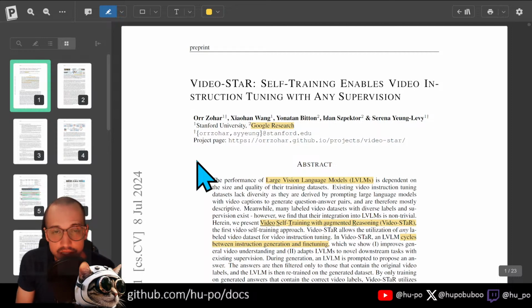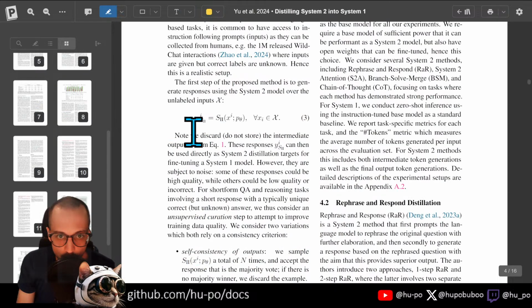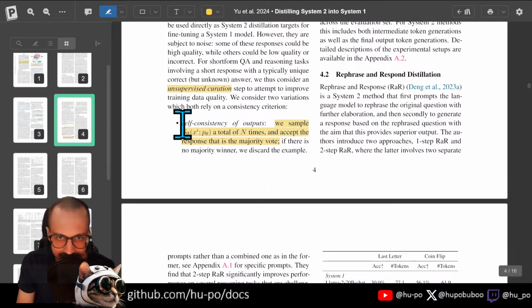The process that is responsible for evaluating the quality of that synthetic data, IMO, is the bottleneck. Yeah, there are ways around that. If you look at this paper, they do self-consistency of output. We sample from this system 2 model a total of n times and accept the response that is the majority vote.